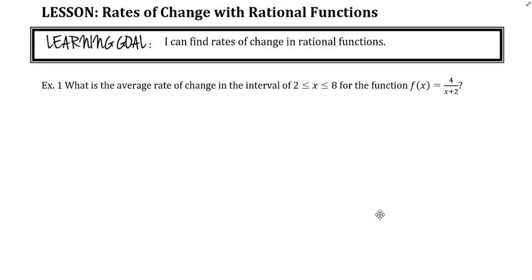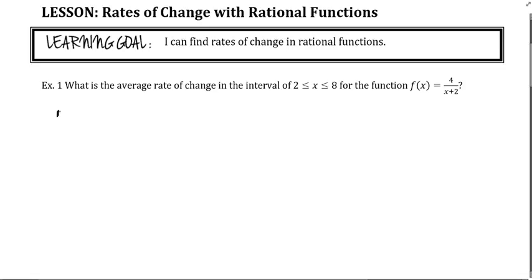So first of all, let's do f at 2. What does that work out to? Works out to 1. 4 over 4. And then f at 8. 4 over 10 or 2 over 5.